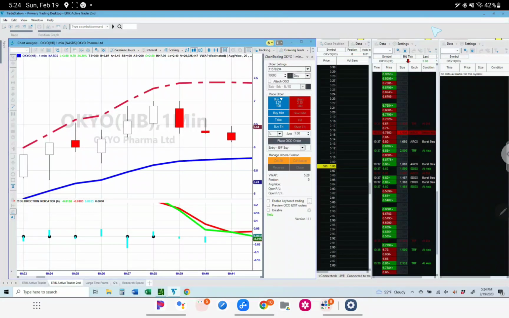Okay, so if we look to the side of our screen over here, we see the dollar amounts. Okay, so let's look for 679. 679, right in here.